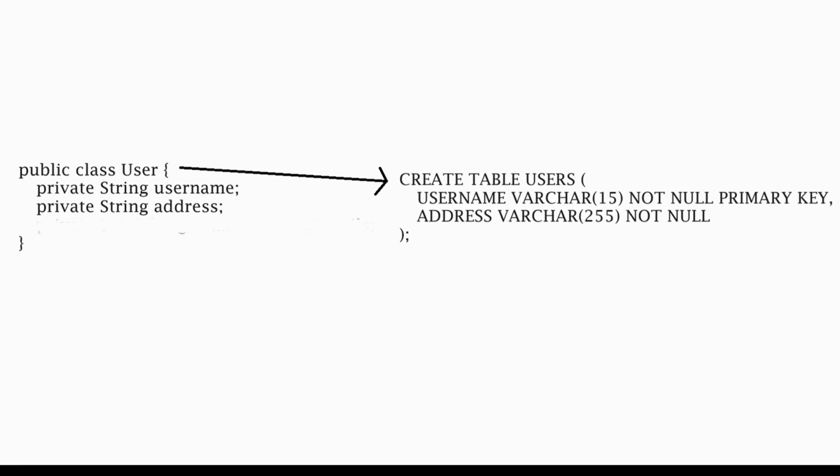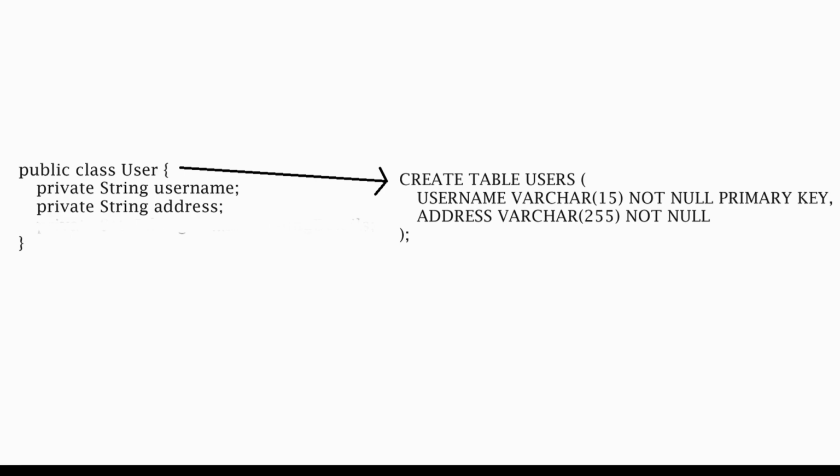Suppose there are two instances of the user class, instance 1 and instance 2. I will ask you to go and check whether the two instances are the same or different.